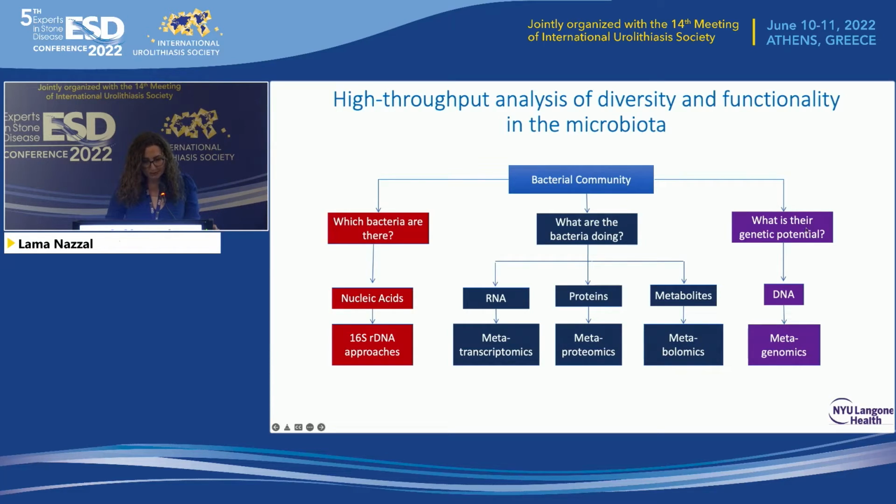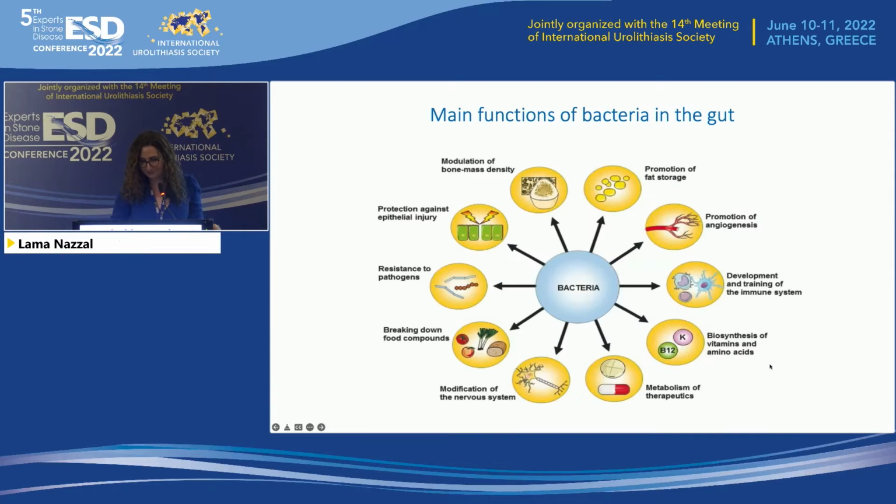But we also can know what is their genetic potential, meaning what they are capable of doing. It doesn't necessarily mean that they're doing it right now, but they have the gene and the capability to do it. And that's through the DNA sequencing, metagenomics.